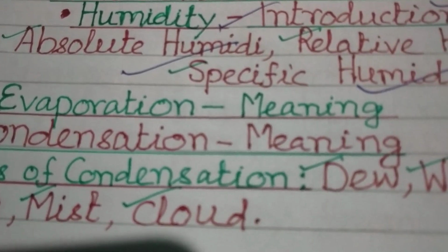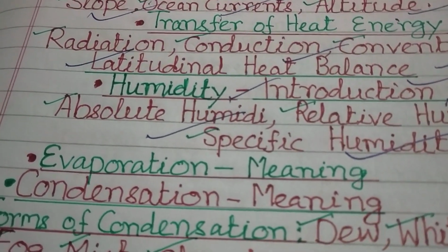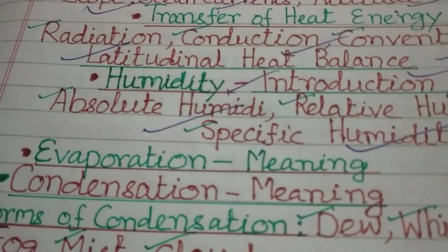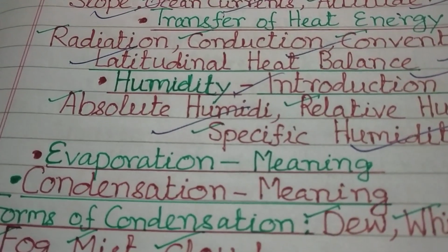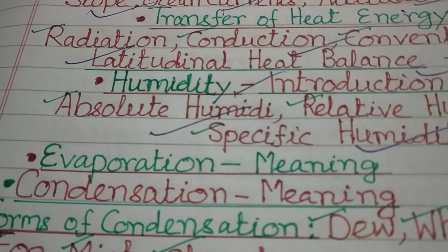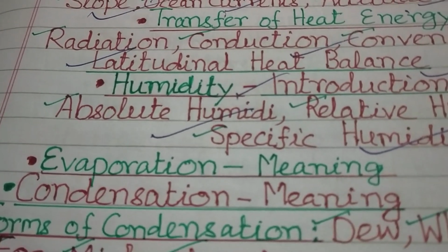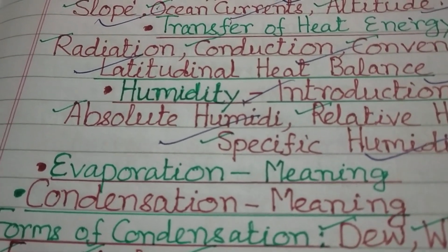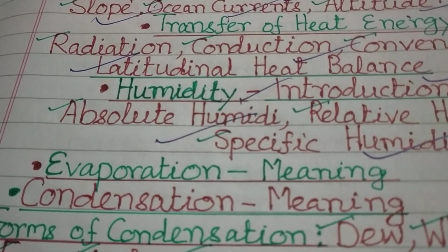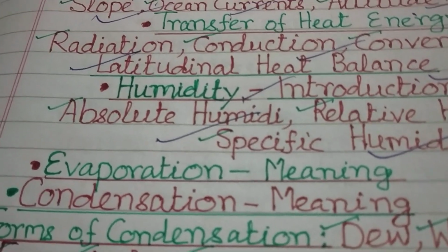Humidity is measured by an instrument called a hygrometer. Water vapor in the atmosphere comes through evaporation from the oceans, lakes, rivers, ice fields, and glaciers, through transpiration from plants and respiration from animals.